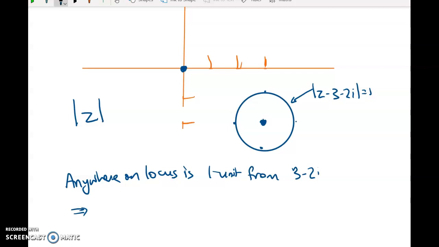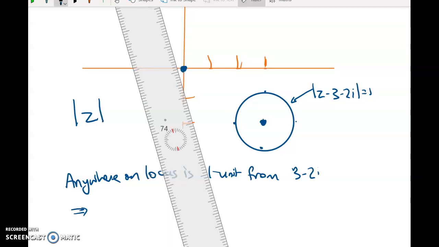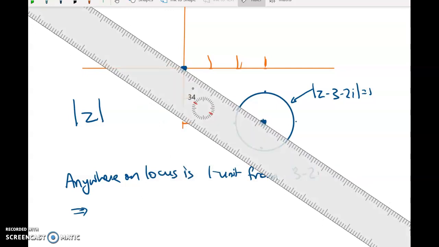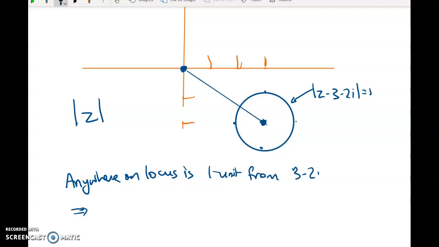Okay, so what's the shortest distance from the origin to get to the center? Well, the shortest distance between 2 points is a straight line. So all we got to do is this. We have to find this distance here. Whoosh, should have done that in a different color. We're going to find that length, and then we're going to say, well, that whole length is something, and then we don't have to go all the way. We just have to go to there.